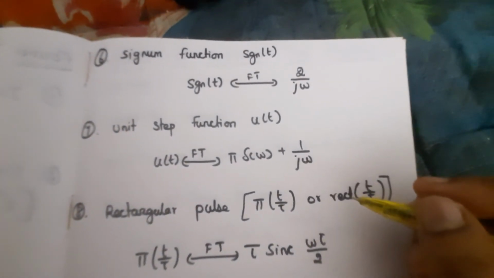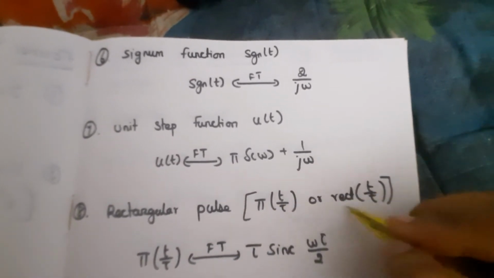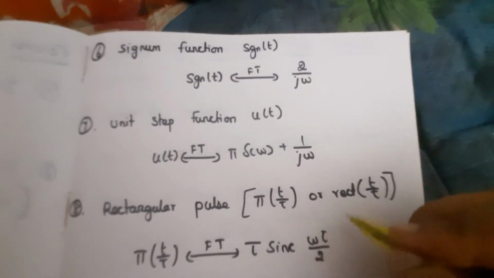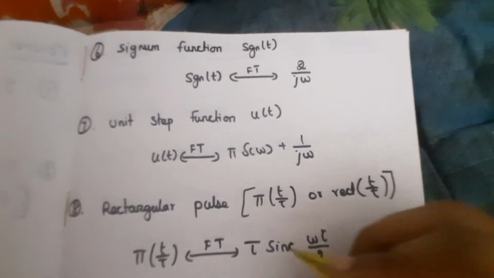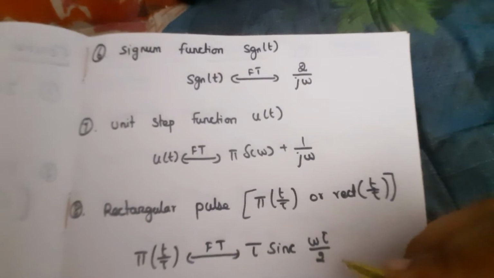And the rectangular pulse, that is rect of t divided by tau. The Fourier transform of this signal is tau sinc omega tau by 2.